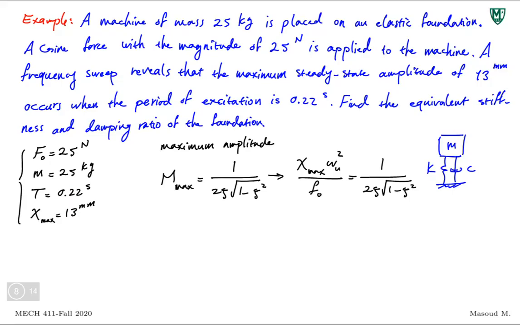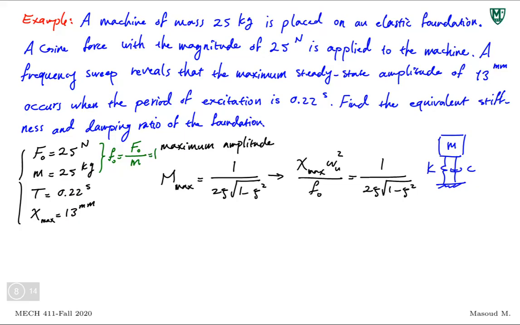Now I know X max in this equation. I don't know omega n, I don't know F naught, but I can find those from the information I'm given. F naught is pretty much just uppercase F naught over M. In this case 25 over 25, so it's 1.